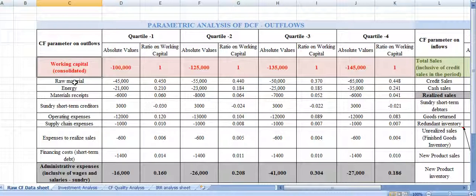So let me start with working capital. The first variable, the working capital, is raw material, which is quite obvious. Then we look into energy, material receipts, sundry short-term creditors, the operating expenses, supply chain expenses, and expenses to realize sales, and financing costs, the short-term debt.